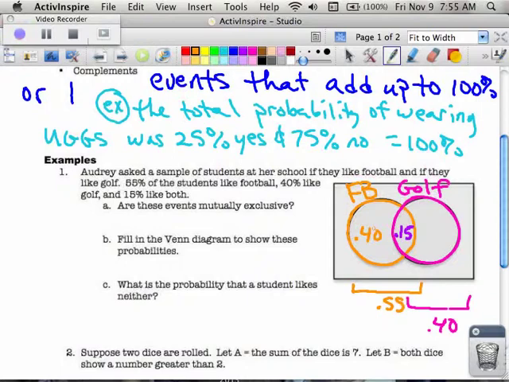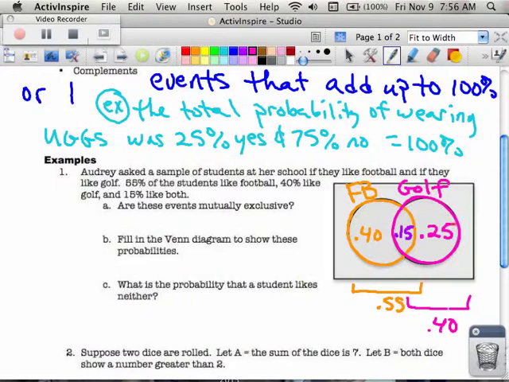So 40 like football, 15 like football and golf, but all of these people, 55%, like football overall. If I look in the pink circle, 15% like golf, but also like football. That means out of the 40%, there's some that just like the golf. How many are those? 25.